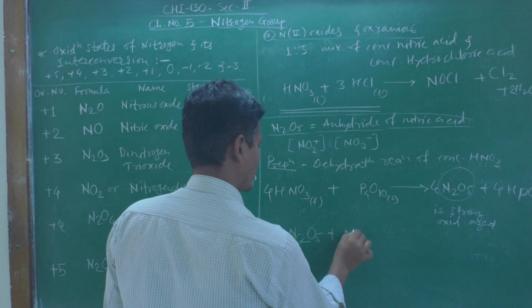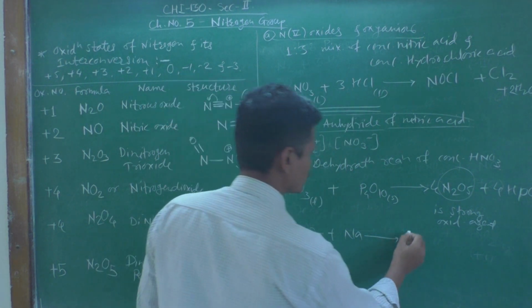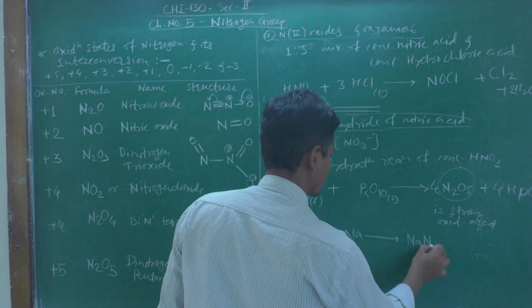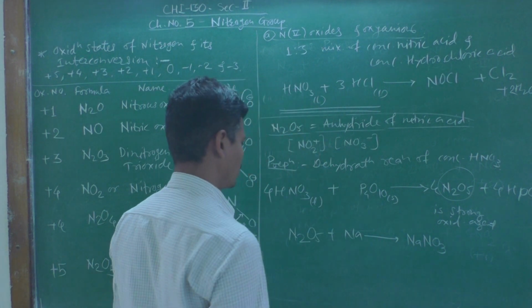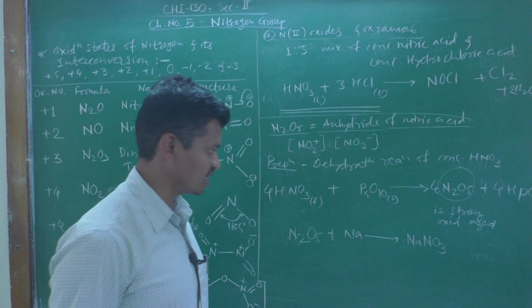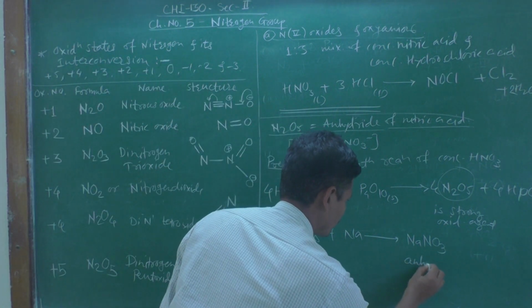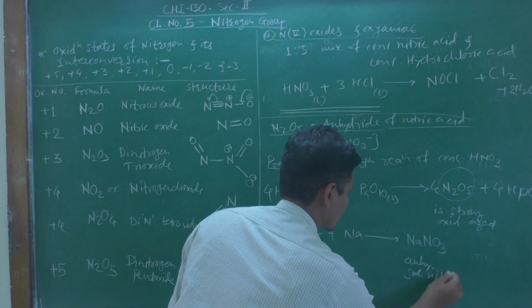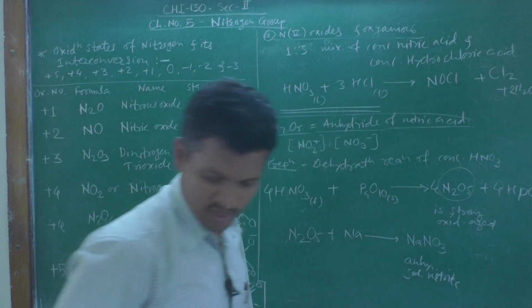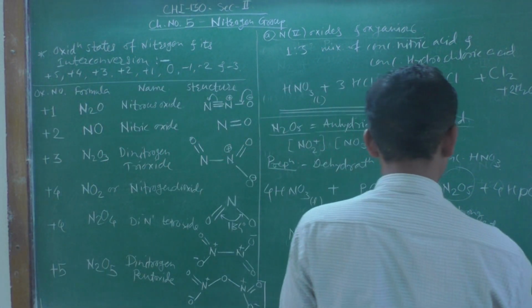N2O5 plus Na gets converted to anhydrous sodium nitrate, NaNO3, and the side product is NO2.